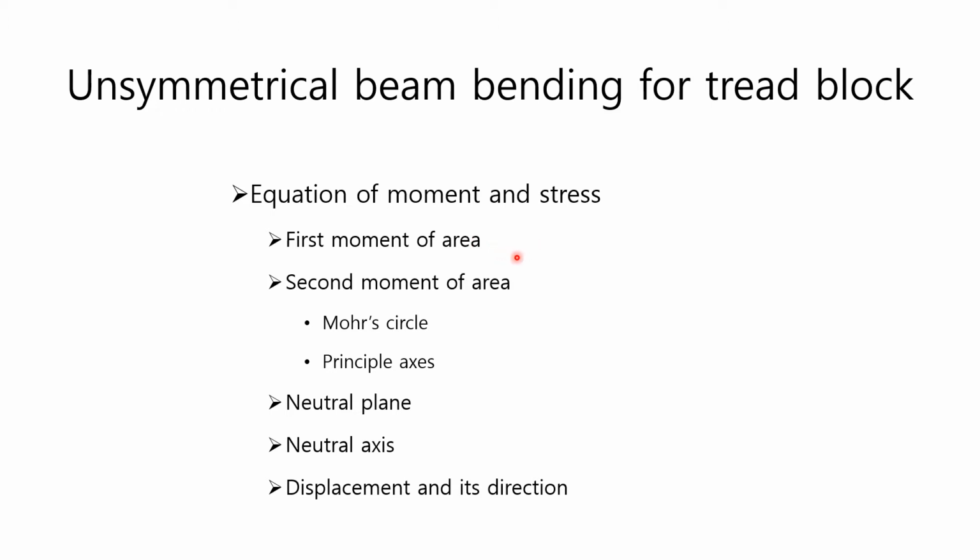To do this, we should be familiar with first the moment of area, second the moment of area, including a Mohr circle and the principal axis, and also the concept of neutral plane and neutral axis, and the way to find displacement and its direction. I will explain all the details in the upcoming videos one by one.